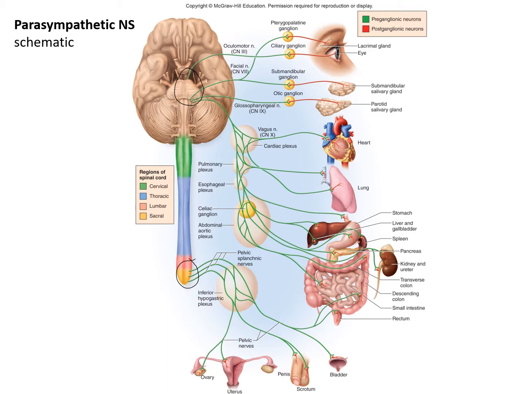The preganglionic fibers are much more prominent and much longer, reaching out basically to the effector organs themselves rather than synapsing within a chain around the spinal cord or the collateral ganglia. And some of these postganglionic fibers, you'll notice, are very short. So we actually see the terminal ganglia within the walls of the effector organs themselves.